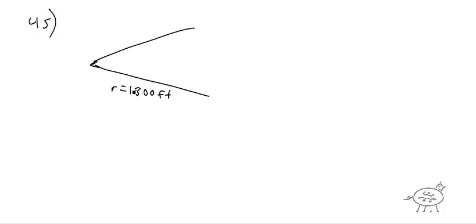Okay, maybe I'll just get rid of that R here. That's your radius. And here's your track going around. That's your railroad track. The circular part of the track subtends a central angle of 40 degrees. That just means this is 40 degrees here.